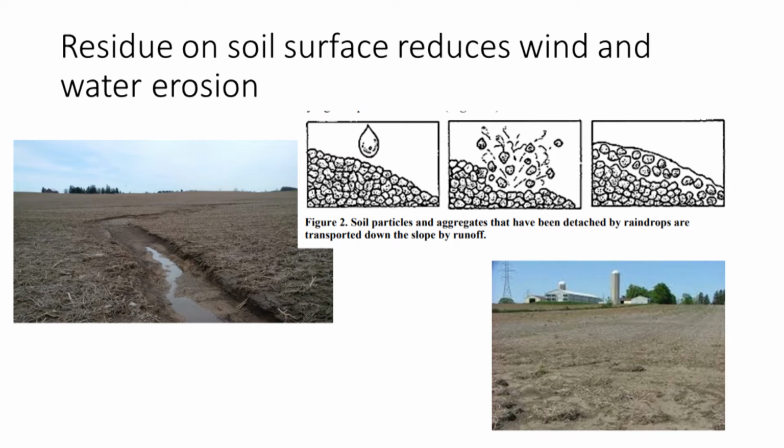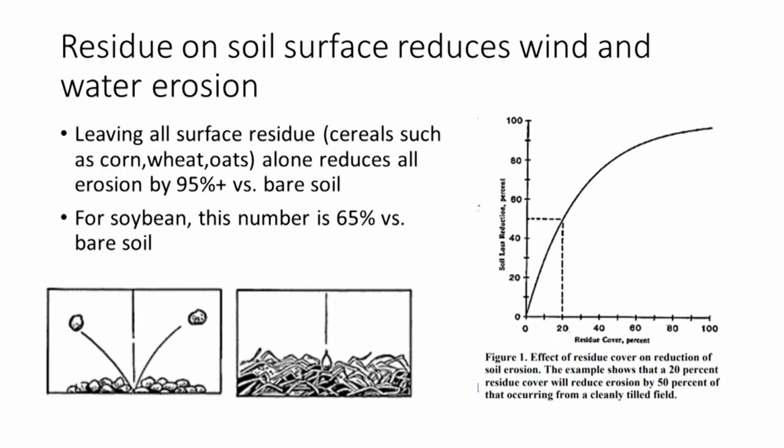And so what residue does is essentially act like a mulch. It's a protective barrier preventing wind and water erosion from occurring. There have been a number of studies done, lots of them in the 60s, 70s, and 80s, when erosion was a huge problem in many parts, especially in Western Canada.